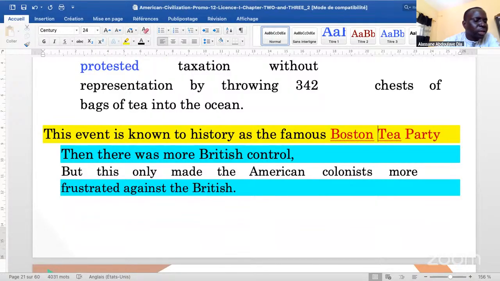So this event, this reaction, this response to the Boston Massacre, is called the Boston Tea Party. So class, when I ask you what is the Boston Tea Party, it is a demonstration in which protesters wanted to respond to the taxation and also to the violence of the Boston Massacre, because some protesters were massacred because of these taxes.